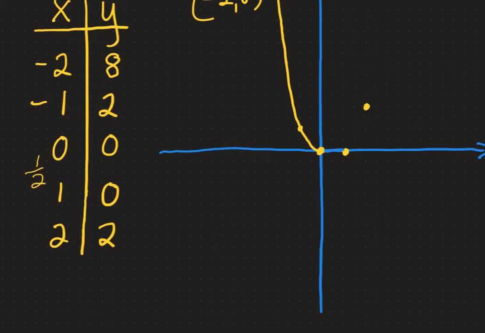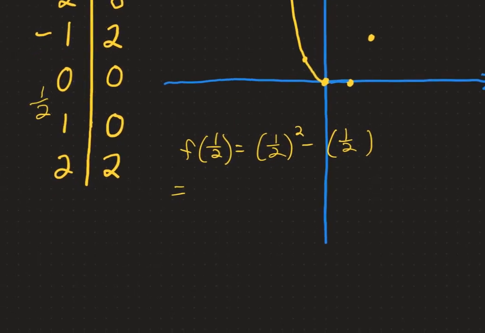Okay, if I go to 1/2, remember our original function was x squared minus x. So I'm going to put in 1/2 here, and I'm going to scoot this over for my next line so that I'm not running into my y-axis.